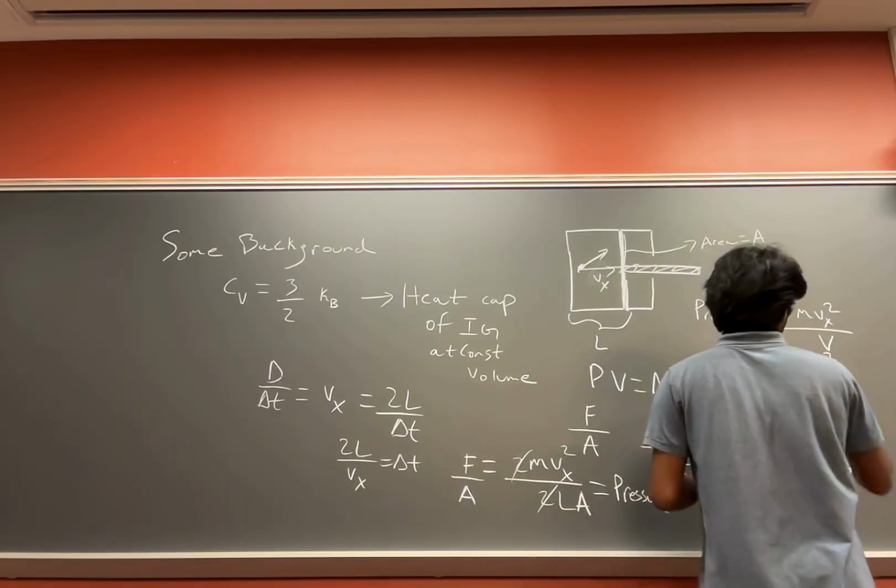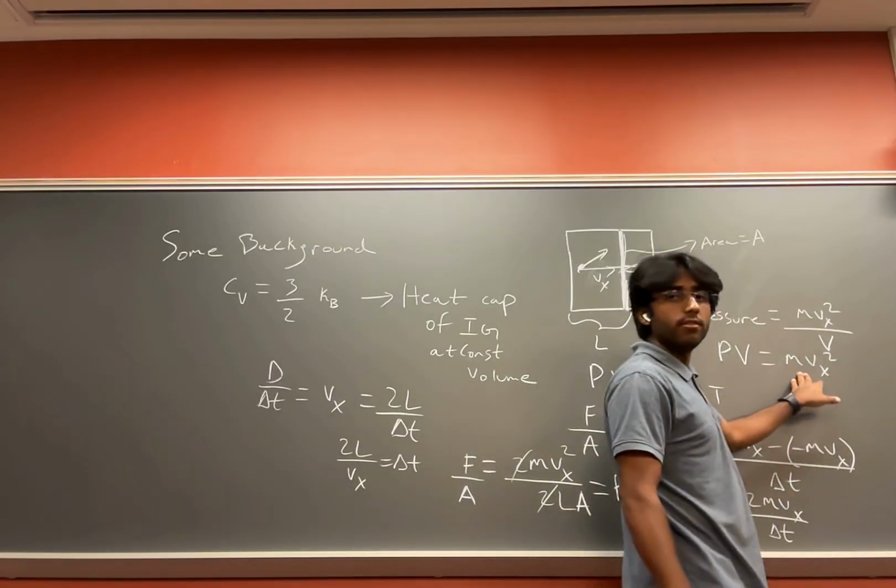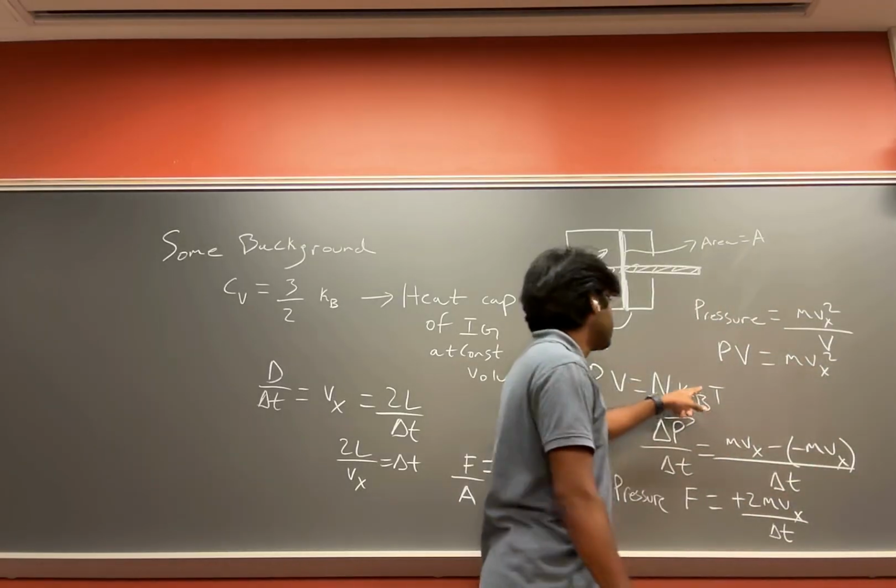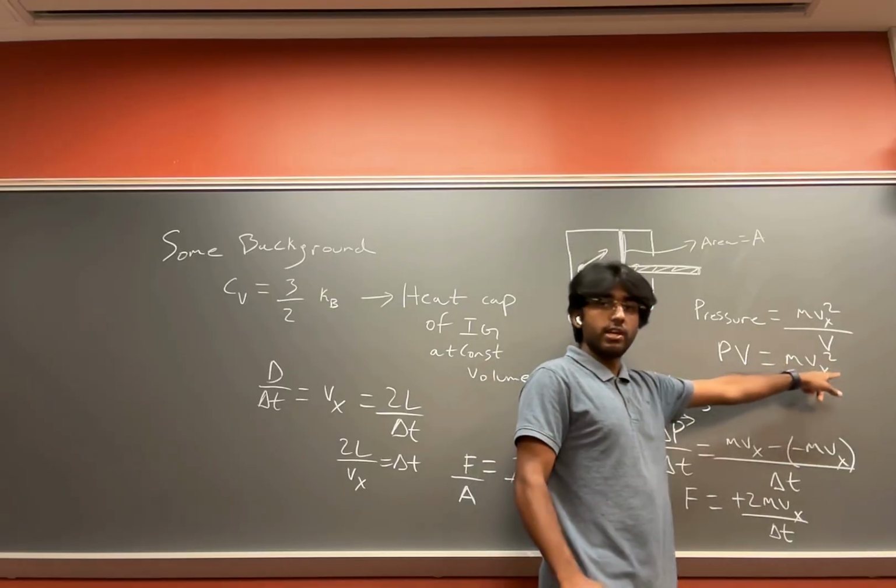And for n particles, of course, we would just have n times mVx squared.